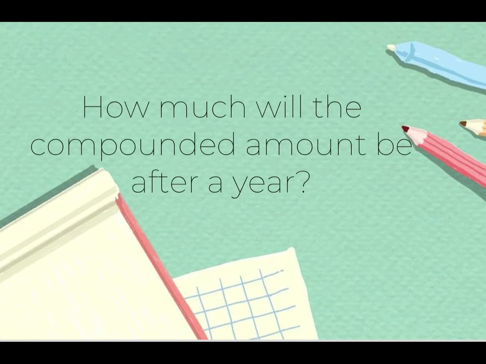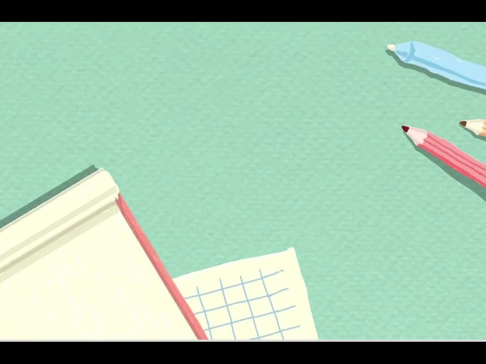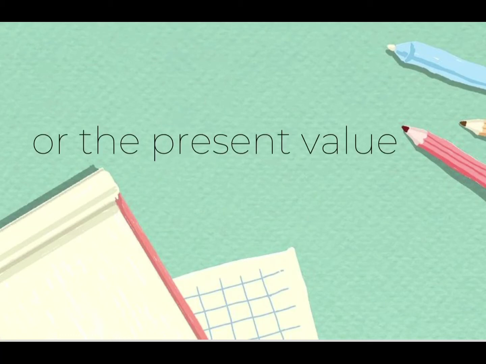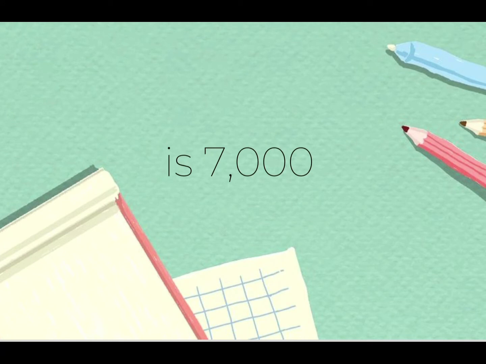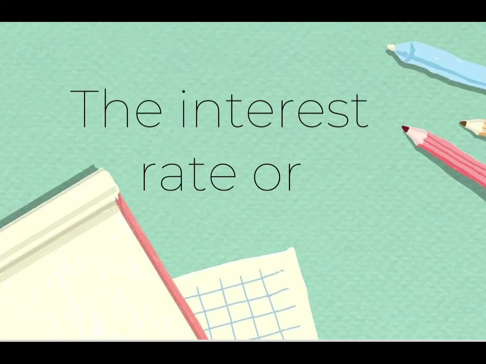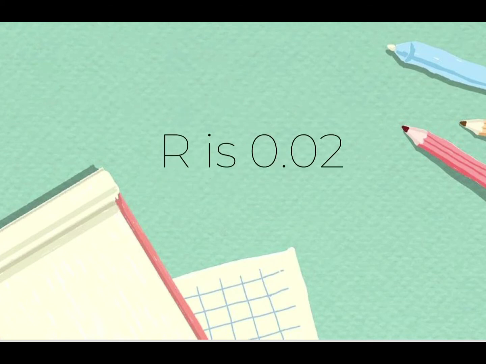Robin invested 7,000 with 2% compounded quarterly. How much will the compound amount be after a year? So nag-invest daw po si Robin ng 7,000 with 2% compounded quarterly. So magkano yung makukuha niyang amount after a year? So, meron po tayong given. P, or the present value, is 7,000. The interest rate, or yung R, is 0.02.